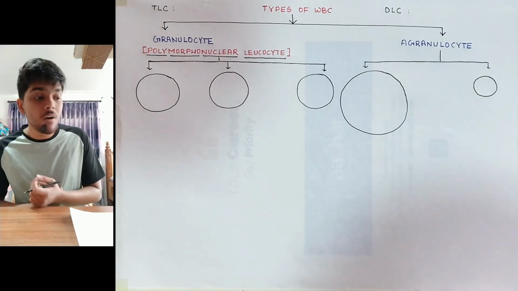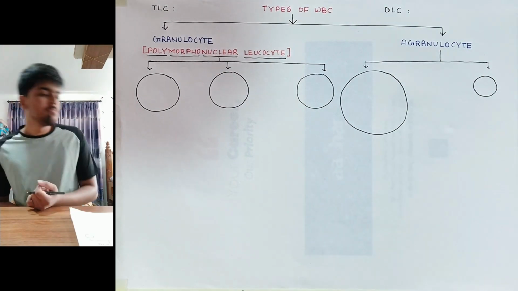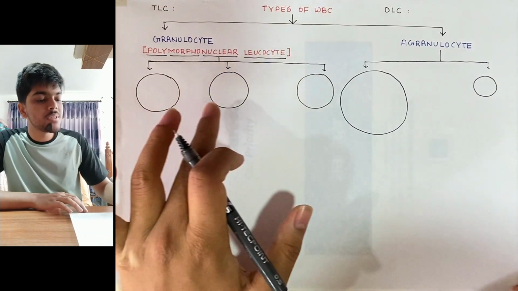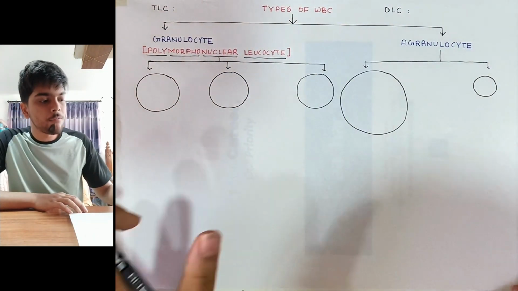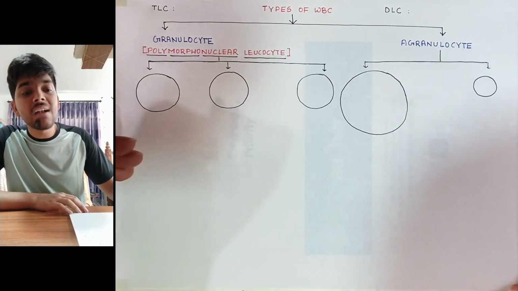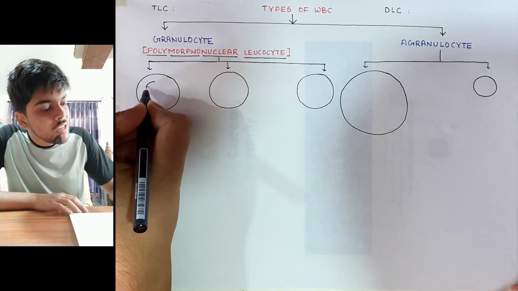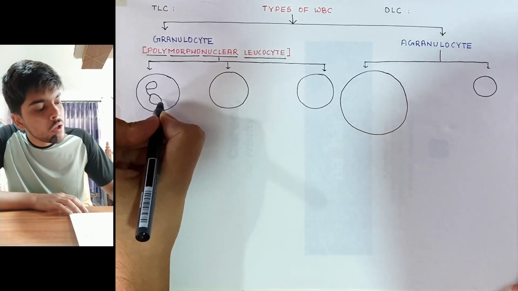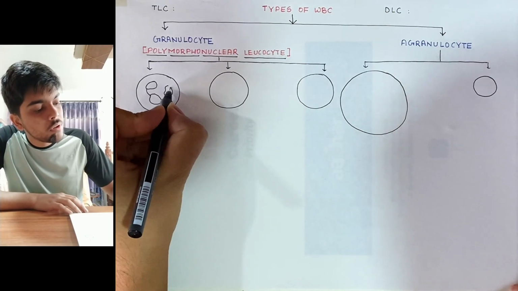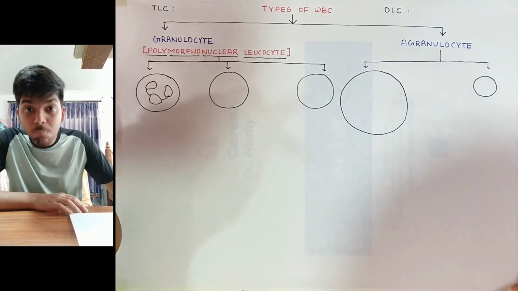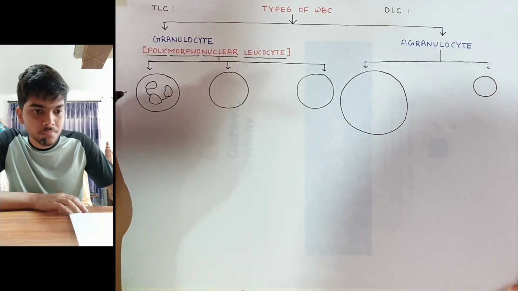Let's look at the different type of granulocytes. Under granulocyte, there are three types of WBCs. First, in this granulocyte, the nucleus that is present is multi-lobed. Here's one lobe, which is connected to another lobe, which is connected to another lobe. There are three lobes in total in this particular diagram that I have shown.